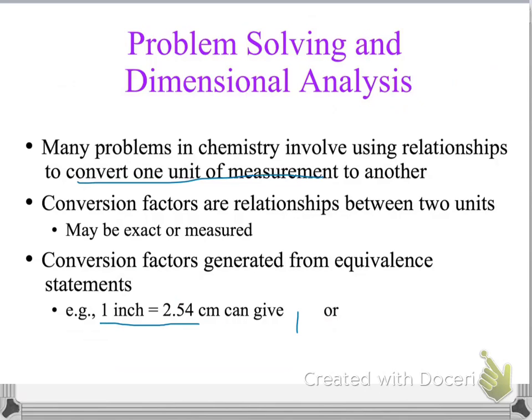We could write 1 inch over 2.54 centimeters, or we could say 2.54 centimeters over 1 inch. Now, because 2.54 centimeters equals 1 inch, this is an equality, and we can utilize this algebraically.